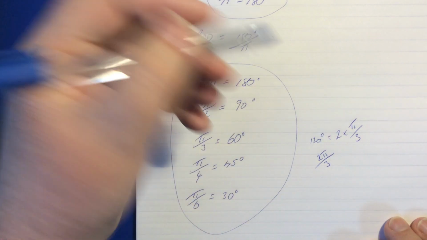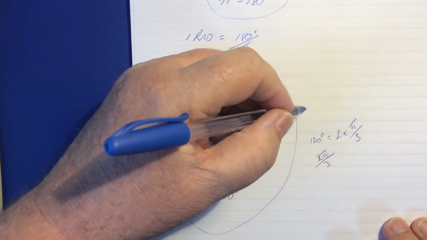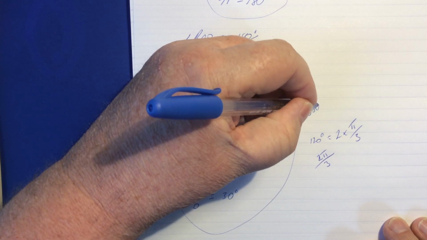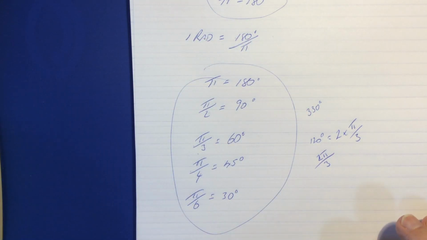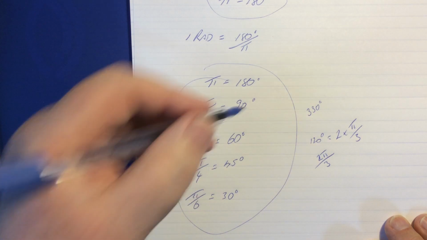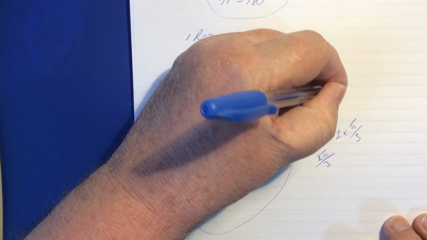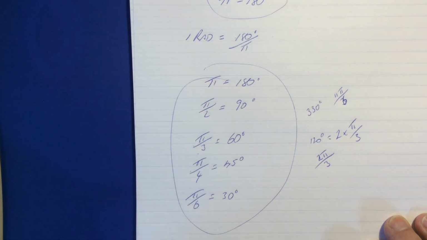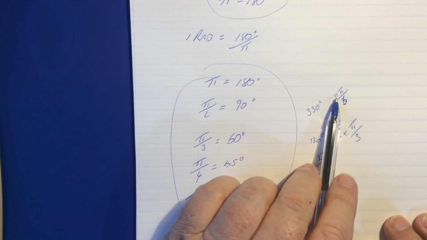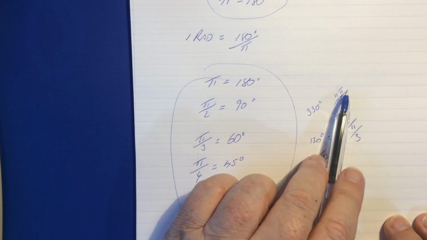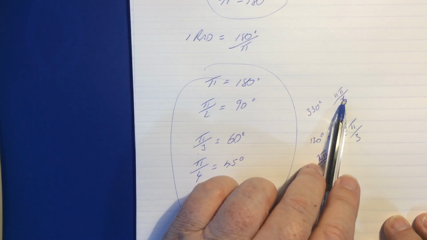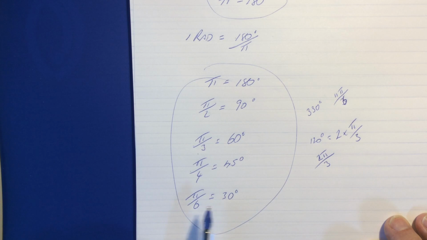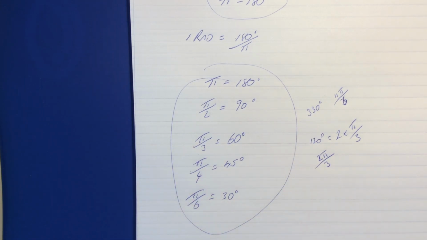So for instance, just to show off and do another one, 330 degrees. Well, that's 11 lots of 30 degrees. So that is 11 pi on 6, he says, getting it wrong, having shown off too much. Always a little bit tricky to write. 11 pi on 6, 11 times pi on 6, which is 11 times 30 degrees, 330 degrees. That's how that works. But this will be the subject of another video.